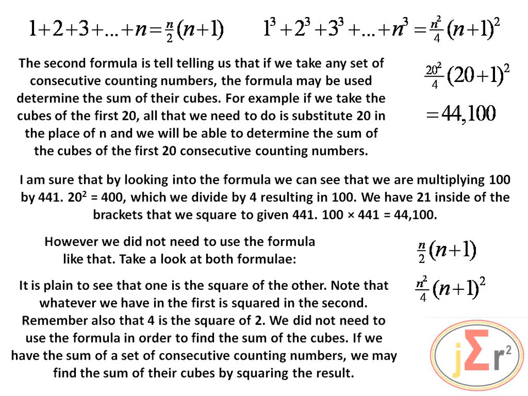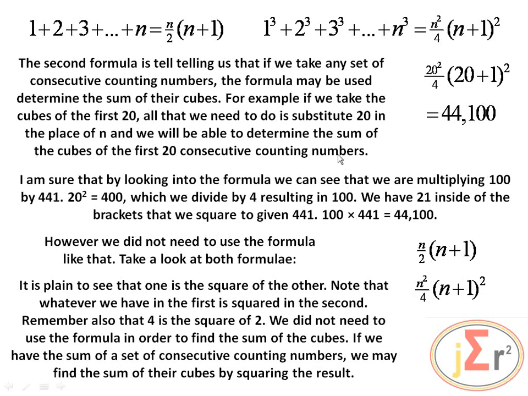Note that whatever we have in the first is squared in the second. n squared. 2 squared is 4. n plus 1 is squared. So notice that in every single case, every one of these is a square of the ones that we have there.